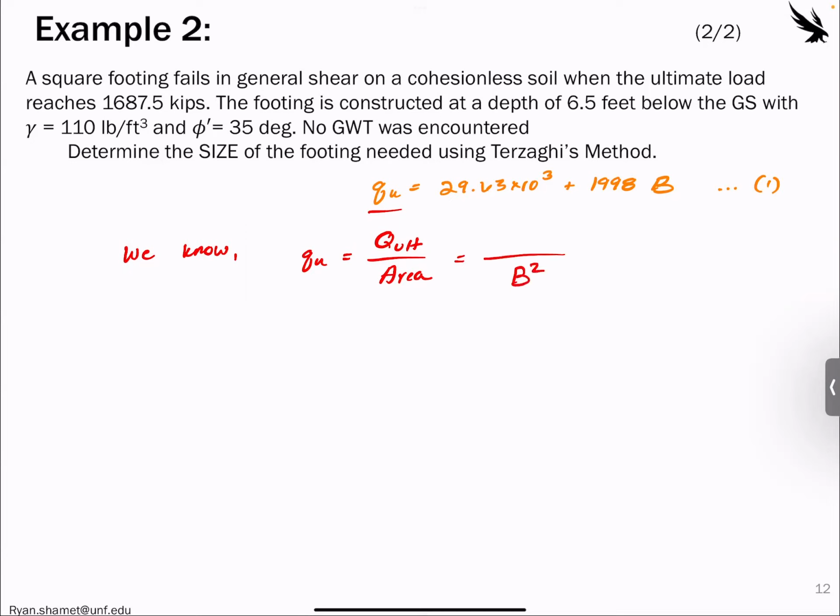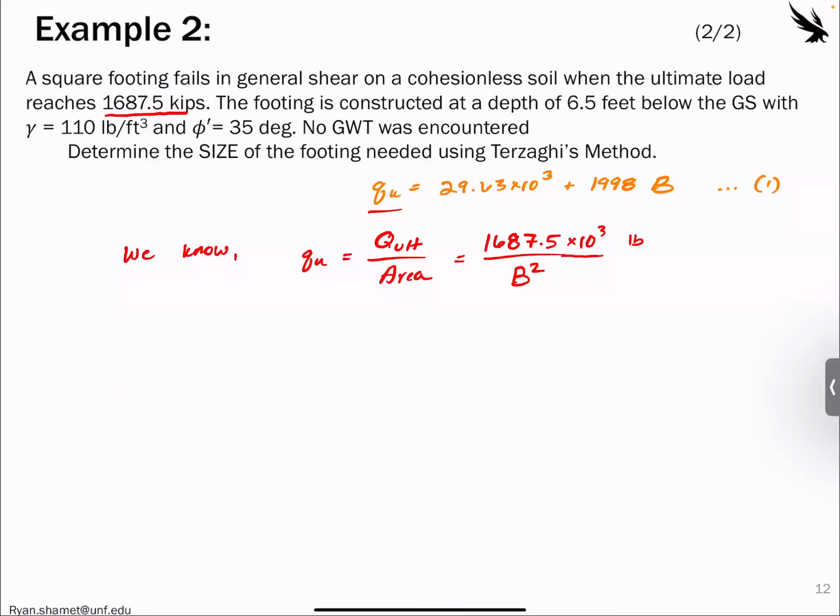And we also know the Q ultimate, the force that caused failure, was 1687. And since it's in kips, I'm going to put it in pounds. That would be times 10 to the 3 pounds, because everything is in pounds per square foot.